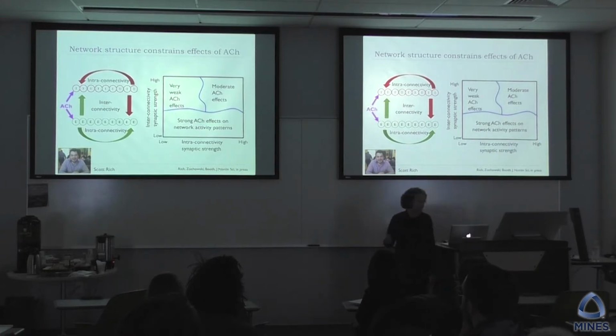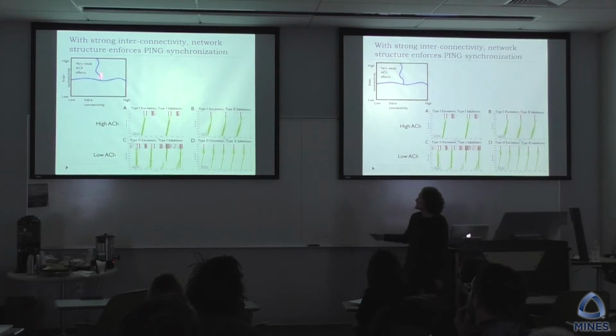In fact, this is a regime where all networks, no matter what the cell types were, type 1 or type 2, whether excitatory or inhibitory cells, we always got this synchronous network bursting, which we could attribute to this PING mechanism.